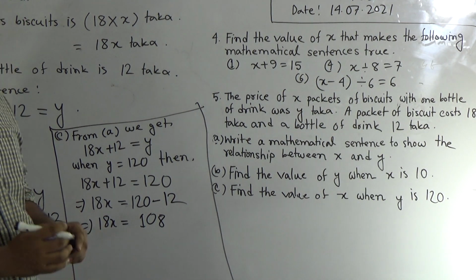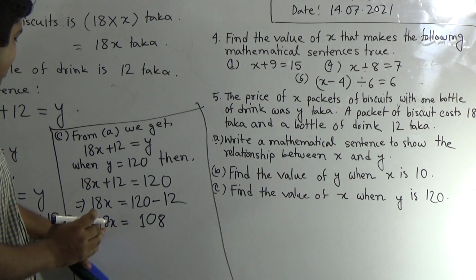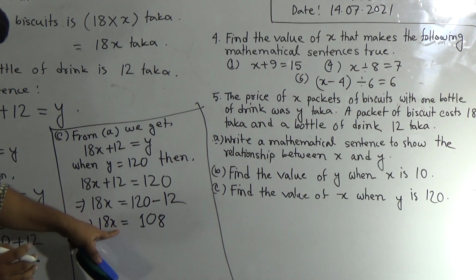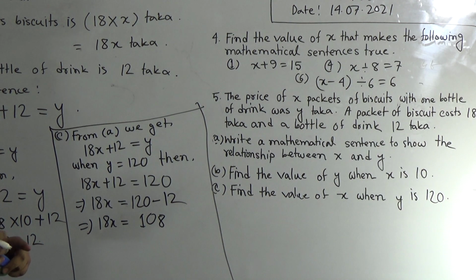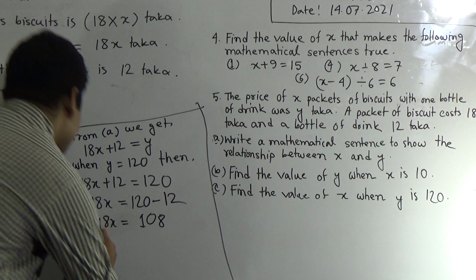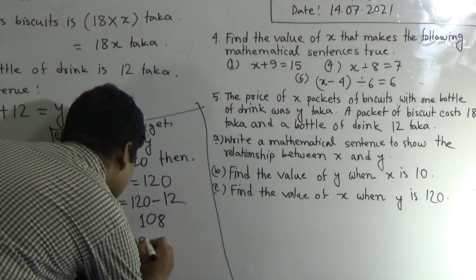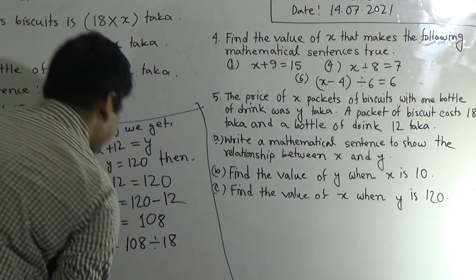We need the value of X only. So 18 changes its position, but 18 is attached with X by multiplication. So when it changes its position, it will be division. That means X equals 108 divided by 18.